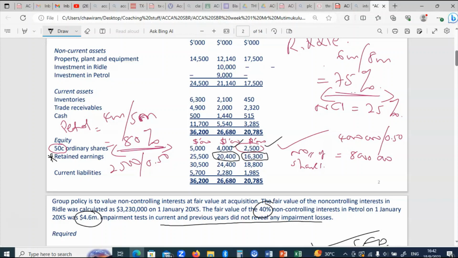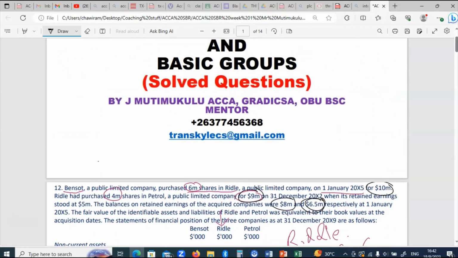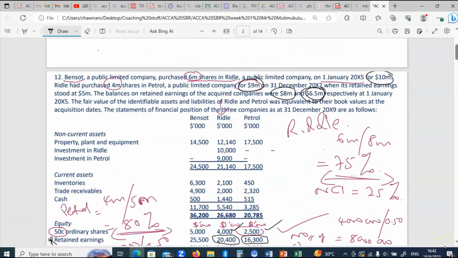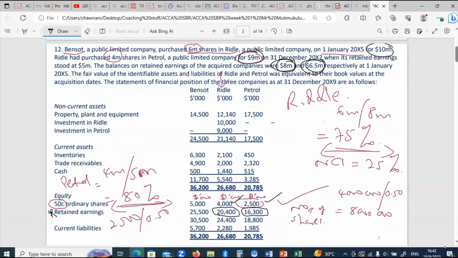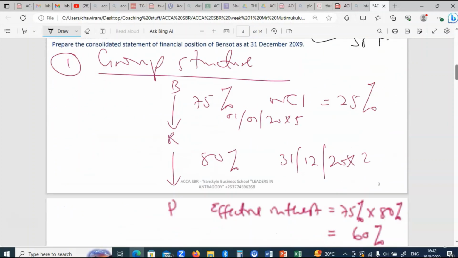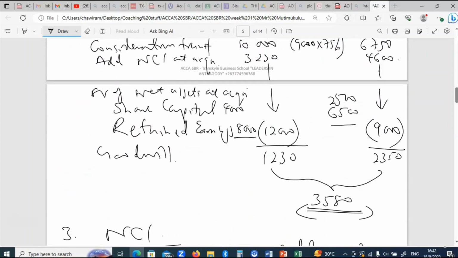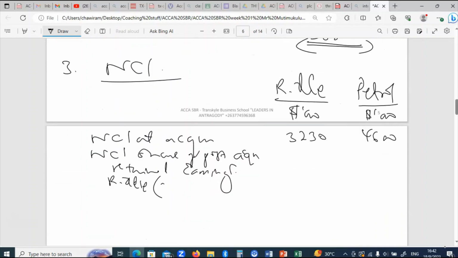Now let's start with Ridu. Ridu now has got 20.4 million, but it had initially how much when it was acquired? The retained earnings were standing at 8 million. Okay, so we are going to say 20.4 minus 8 million. Okay, multiply by the percentage of NCI, and we determine that the NCI percentage was 25%.